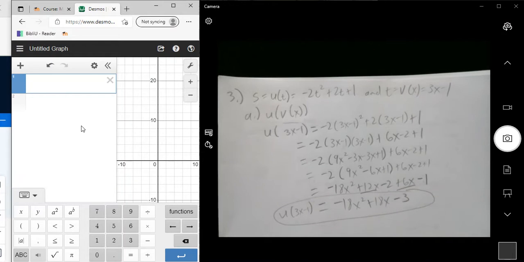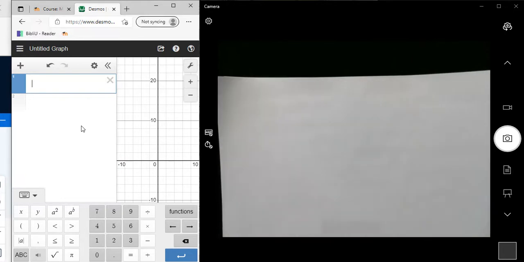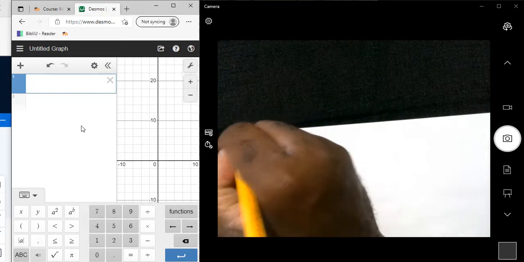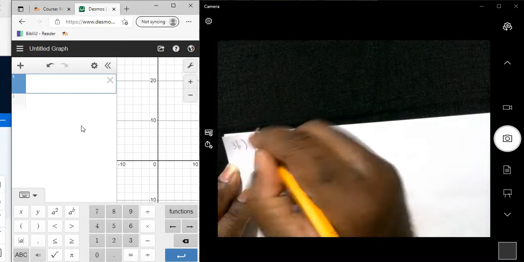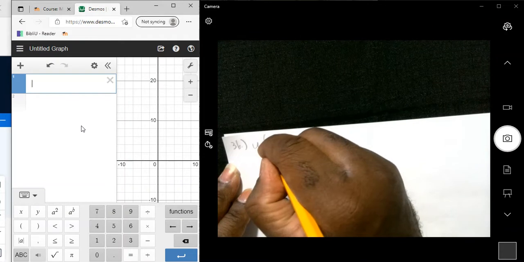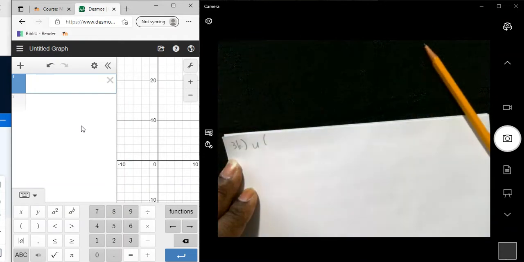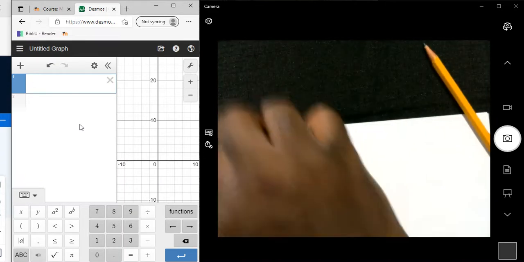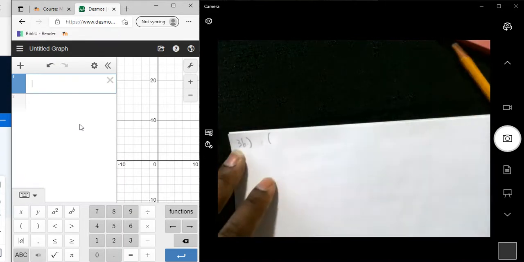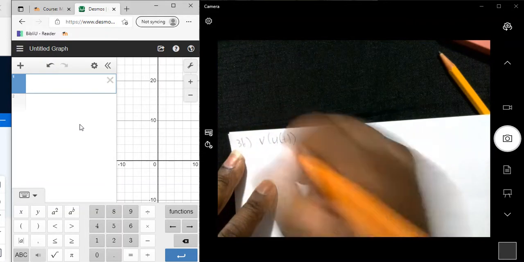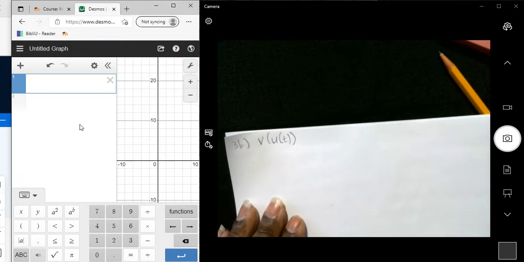Now 3b, we have v of u of t. Okay, so now we will substitute in what u of t is equal to.